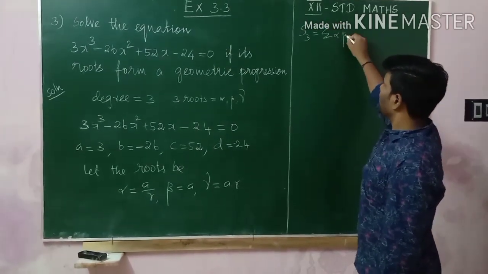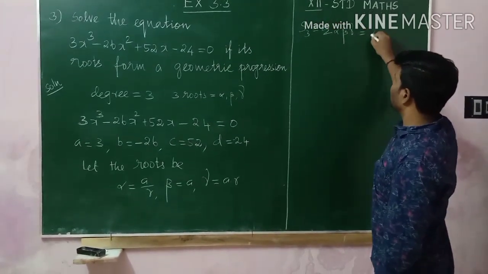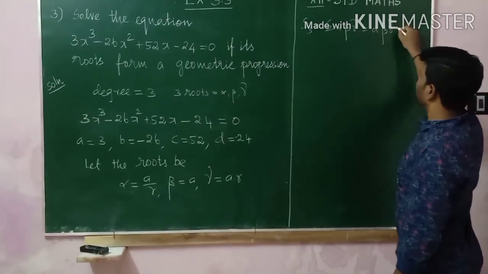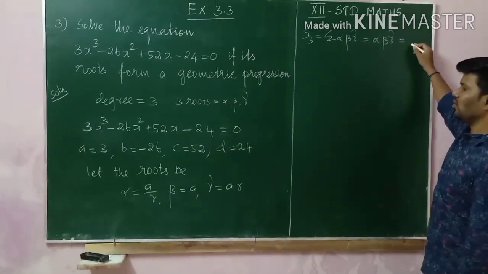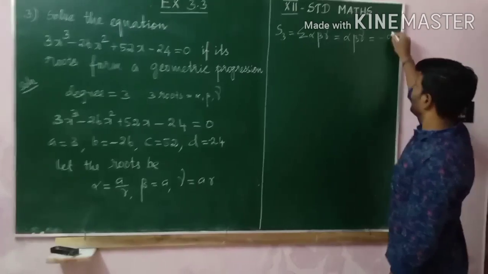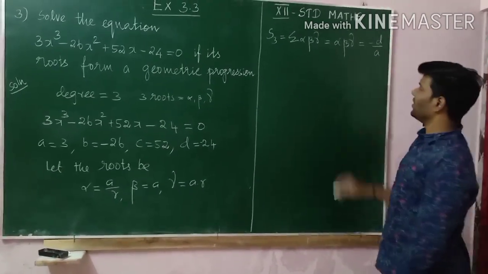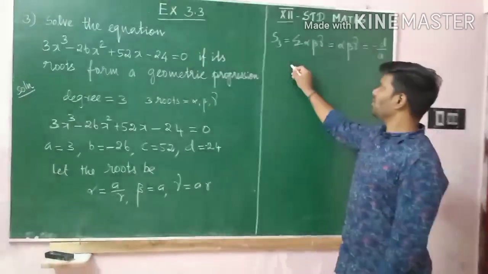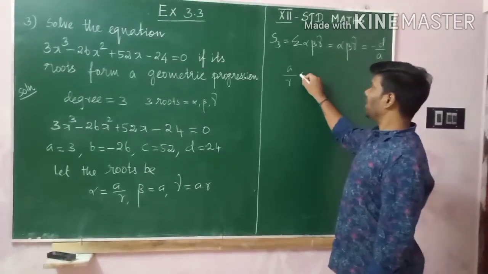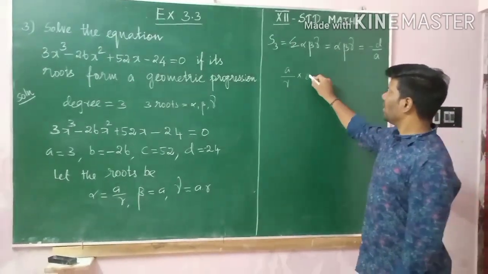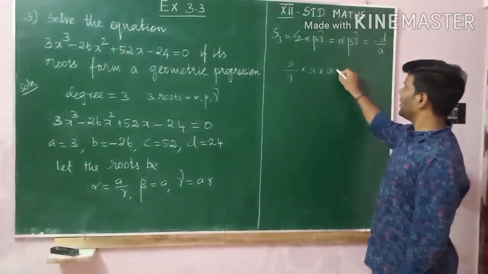Alpha into beta into gamma is equal to minus D by A. Here alpha is A by R, beta is A, and gamma is AR.